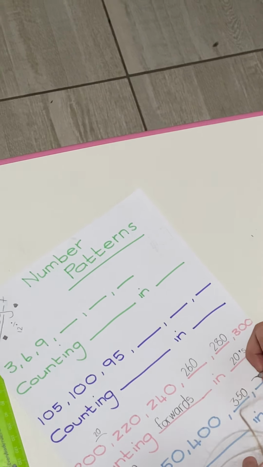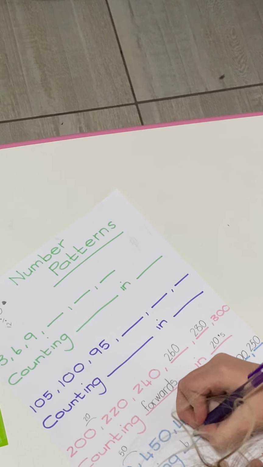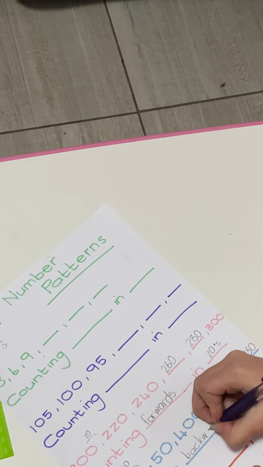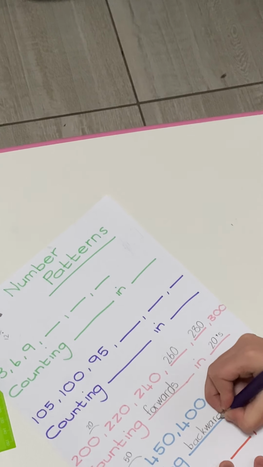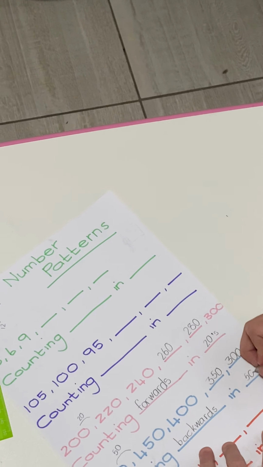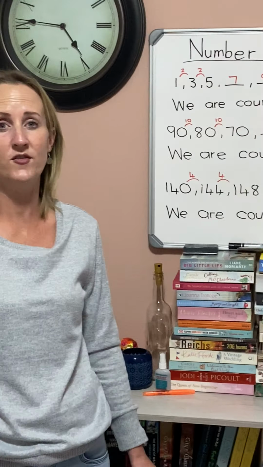Good. So we are going 500, 450, 400, 350, 300, 250. What am I counting? Forwards or backwards? Backwards in 50s. Good.